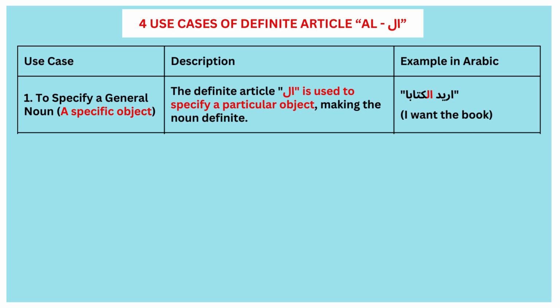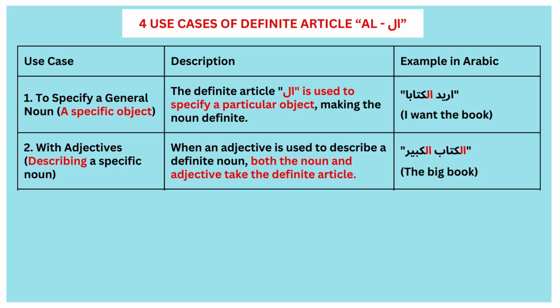The first is to specify a general noun, to point out that we are saying about a specific object. So the definite article will make sure that we are referring to a definite noun. For example, al-kitab, and we can say an example as Urid al-kitab, I want the book.